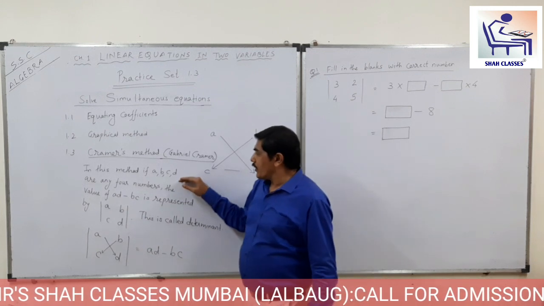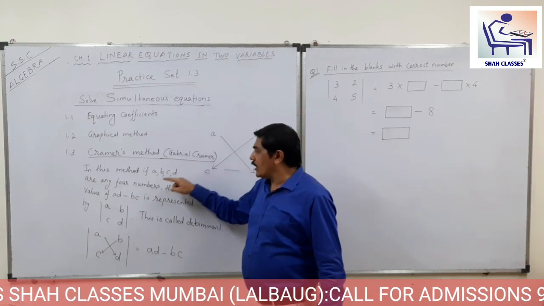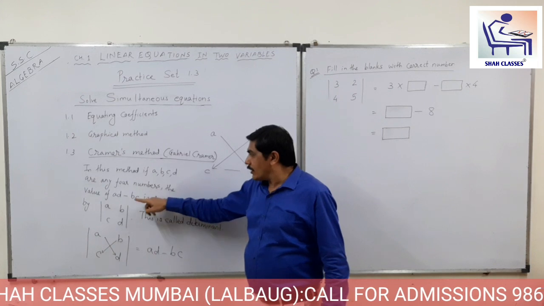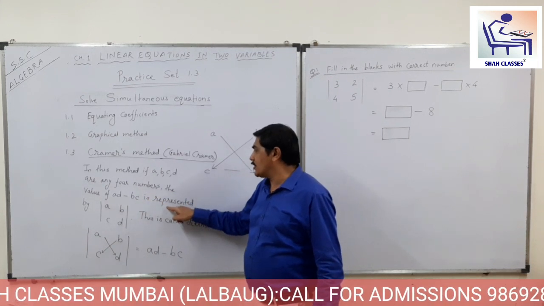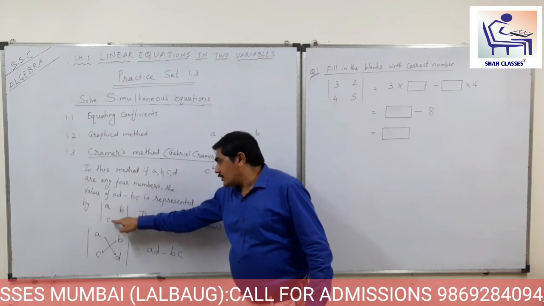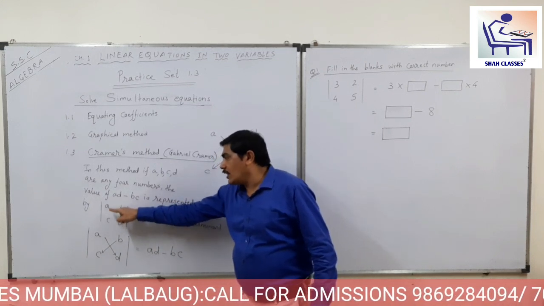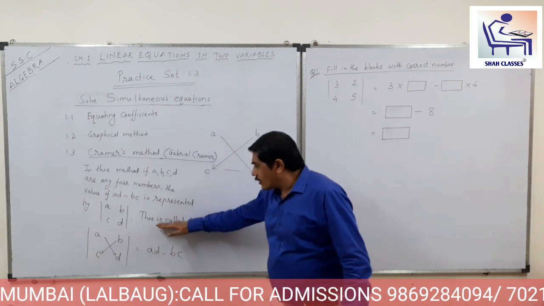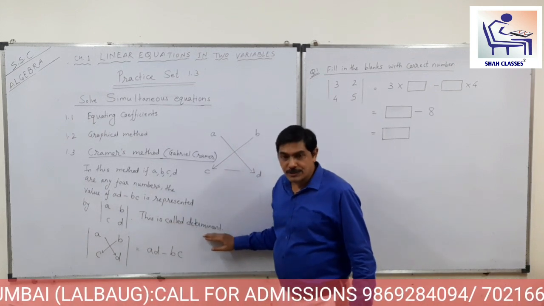In this method, we say A, B, C, D are any 4 numbers. Then the value of AD minus BC is represented by A, B, C, D within modulus signs, and this is called a determinant.